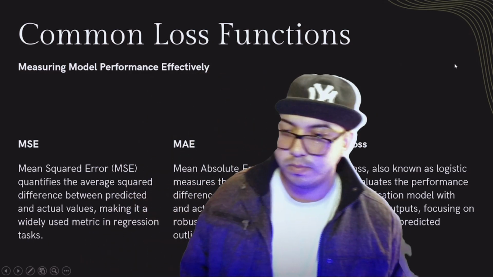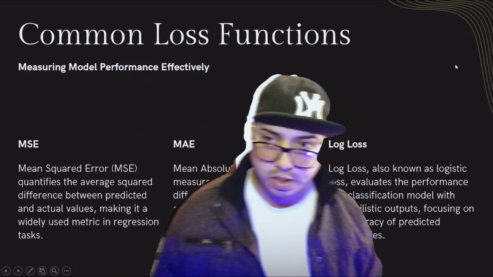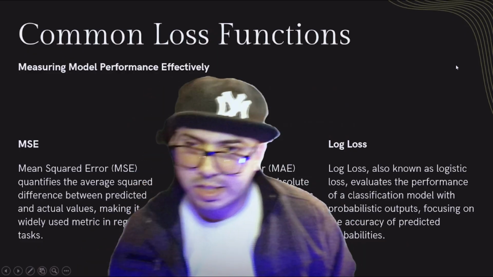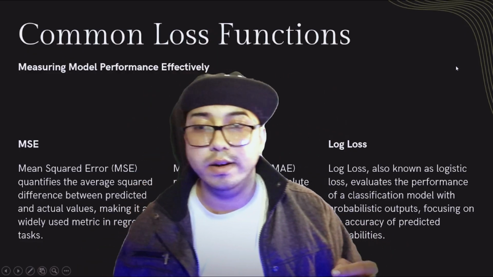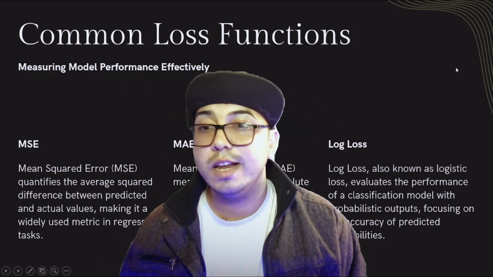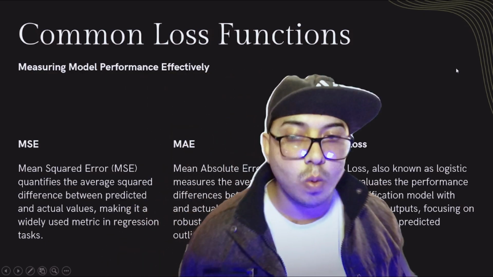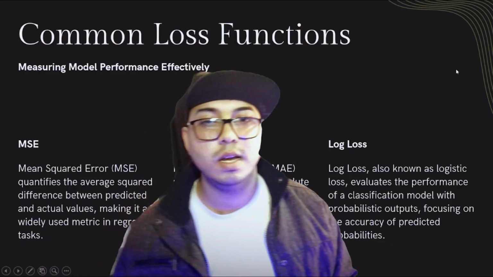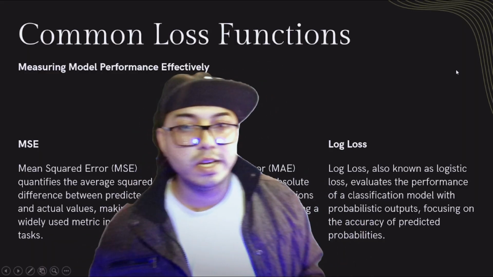Now we are going to understand common loss functions. Different problems use different loss functions. MSE stands for mean squared error. It quantifies the average squared difference between predicted and actual outcomes, making it a widely used metric in regression tasks. MAE is the mean absolute error.